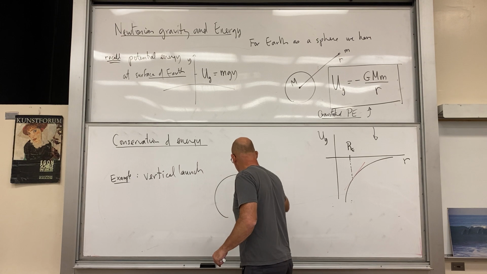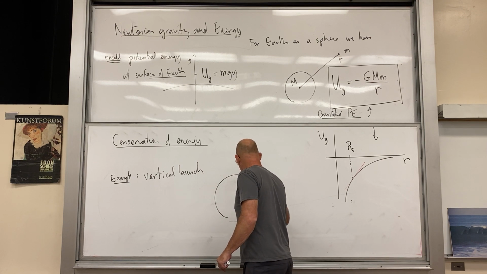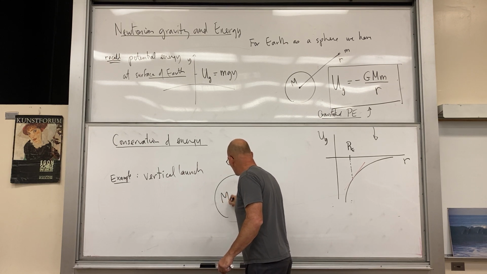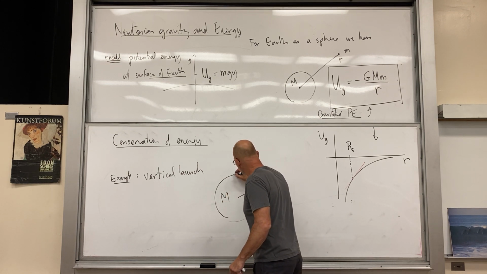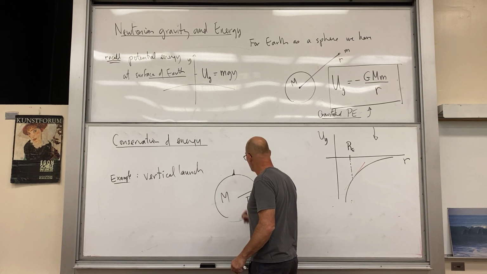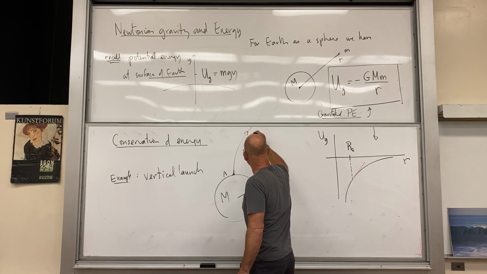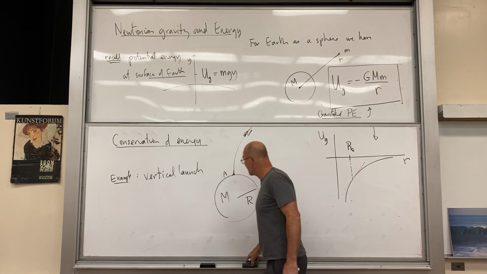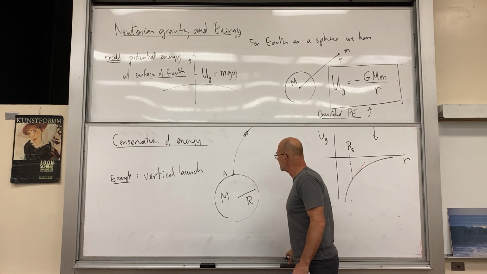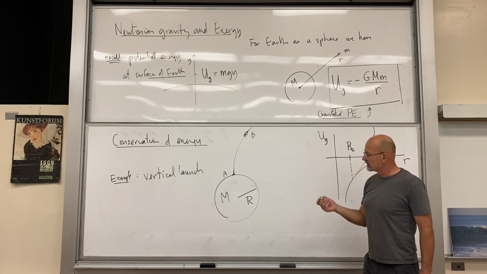So we're on the surface of Earth, or some central body with radius r and capital M, and we're about to launch our rocket from point A out up here. Okay, there's my rocket out here at point B. So here's how we do it.